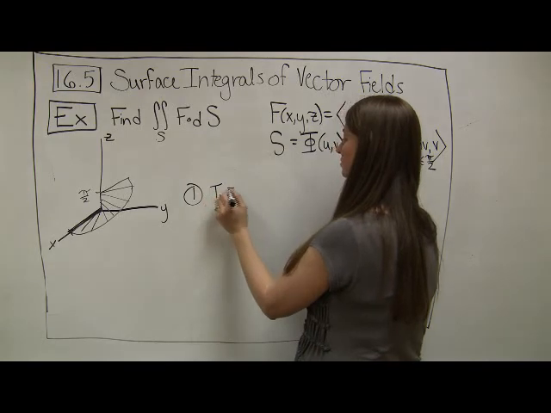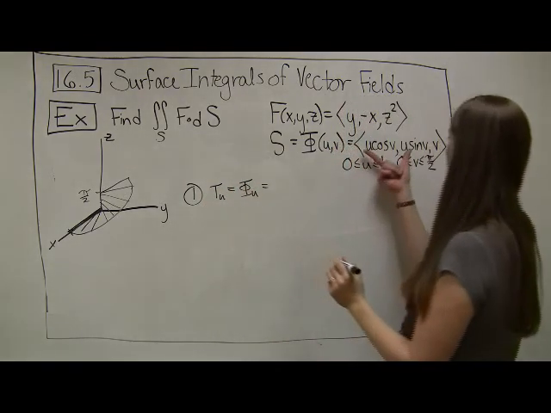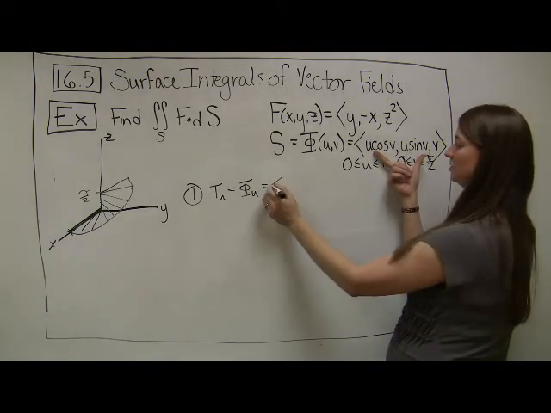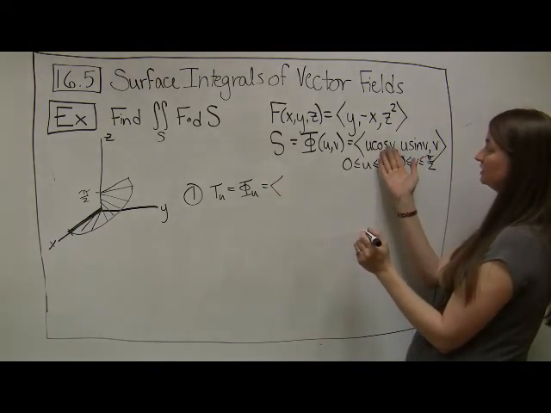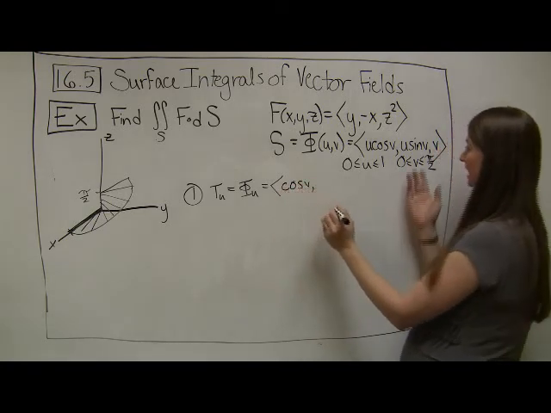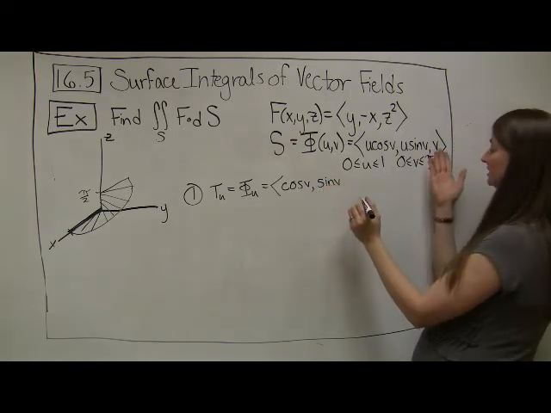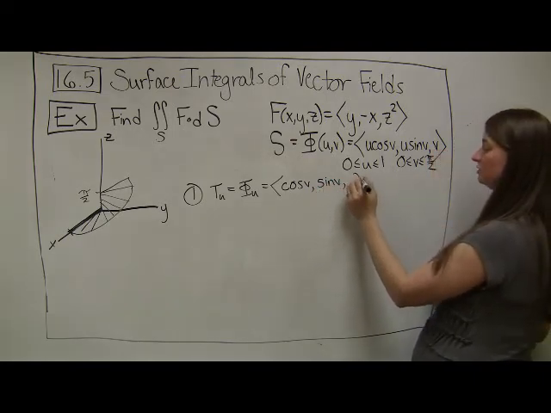So t sub u equals phi sub u, which in this case, my partial derivative with respect to u, I'm treating v as a constant, and so cosine of v becomes my coefficient, and then sine of v also becomes my coefficient, and then the derivative of v with respect to u is just 0.